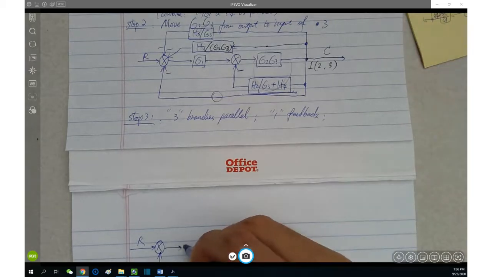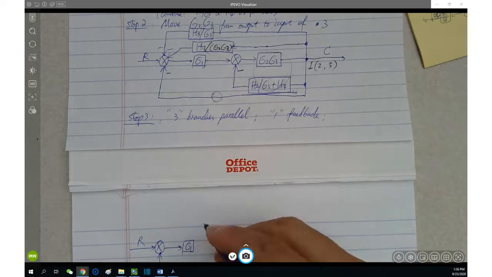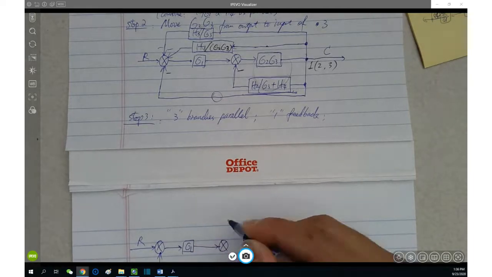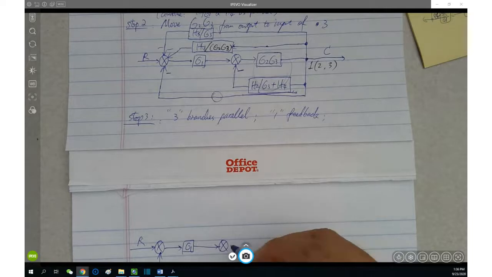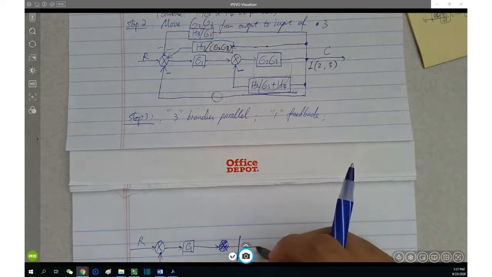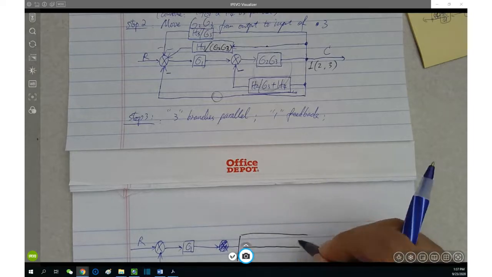Main forward pass, 2 summing junctions. The second one is gone because of the feedback, right? This feedback is what?